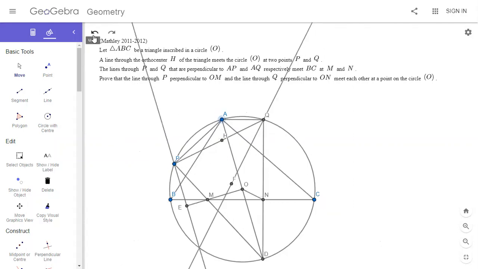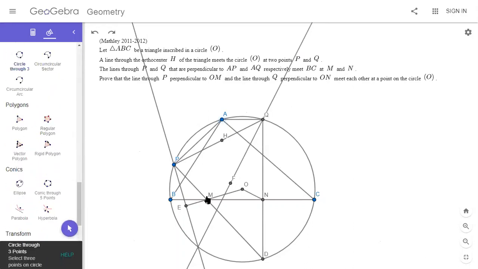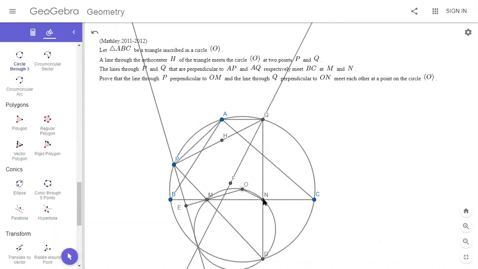Yeah, okay, so let me erase some stuff. I feel like I've added too much. We want to show MONB is cyclic. Let me draw that circle because it might be helpful just seeing what it looks like.